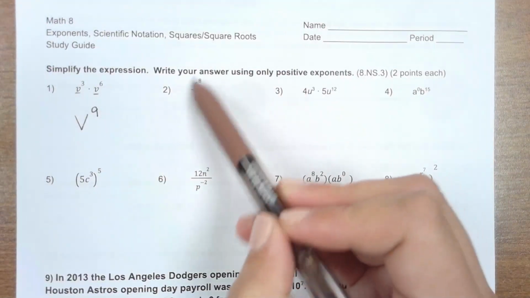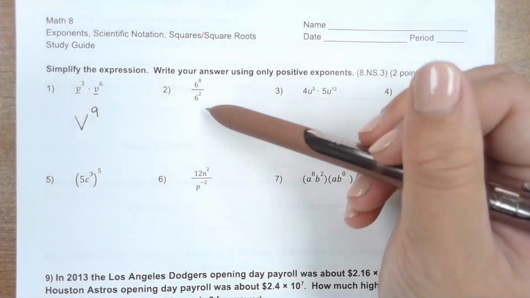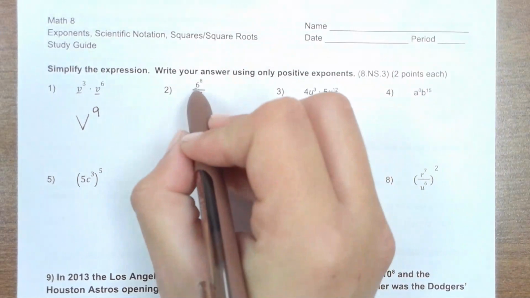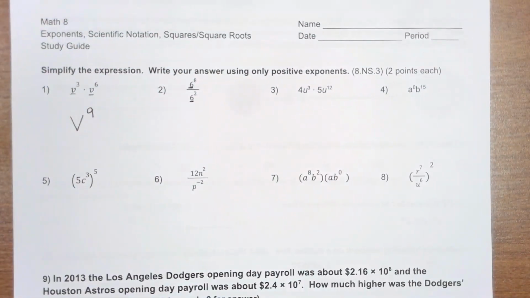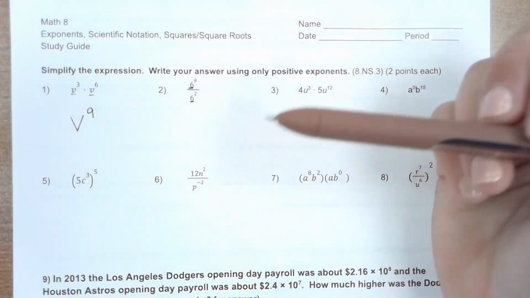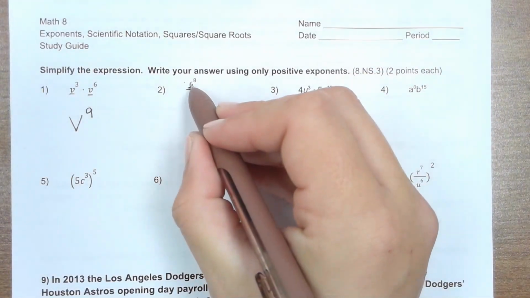Okay, our next one is quotient of powers. Again, the first thing you want to look for is your bases to see if you can simplify, which in this case we can. Always look for coefficients first. In this case, we do not have any numbers attached to variables, so we would not divide like normal. Then you move on to your base.